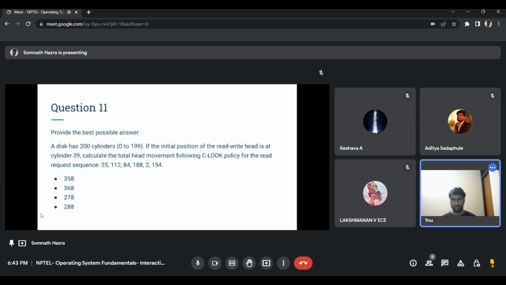Since we are using C-LOOK, in C-SCAN it would have jumped down to 0 after going to 199. Here it will jump to 2 after going to 188.